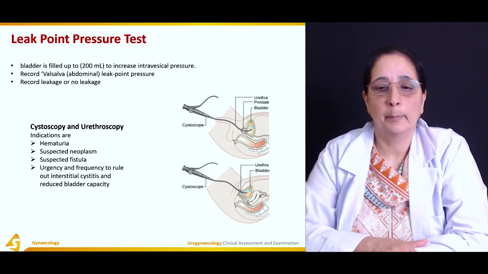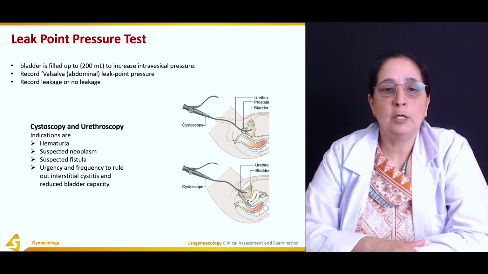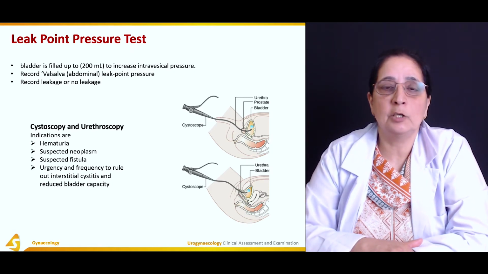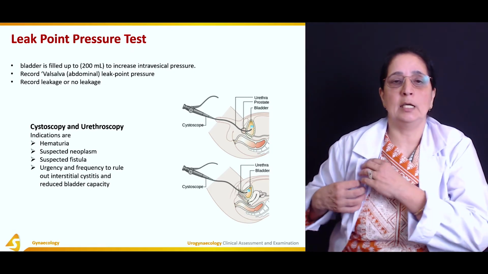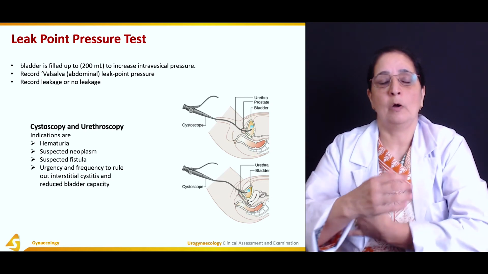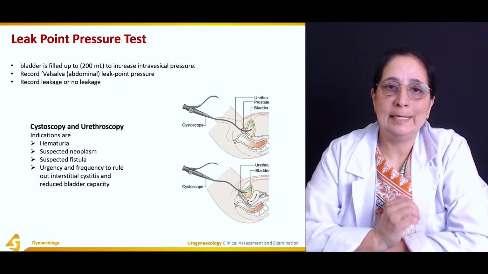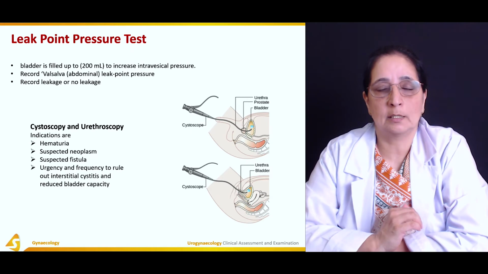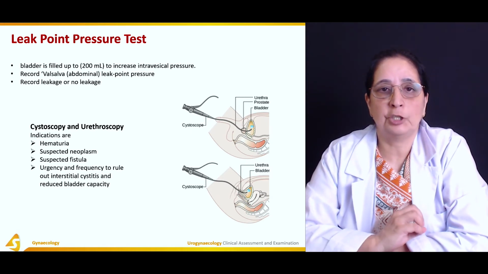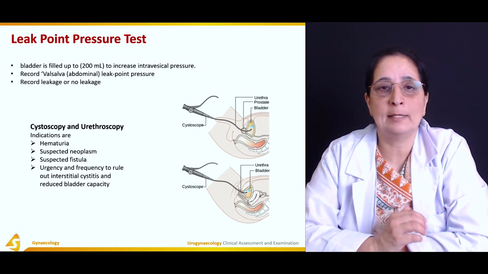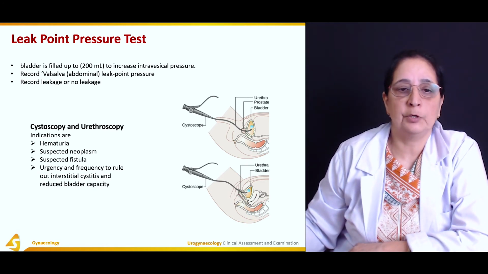Leak point pressure test. The leak point pressure test is done to find out what is the leaking point, or at what pressure the leaking of the urine starts. So what is the vesicourethral pressure when the leaking of the urine starts?